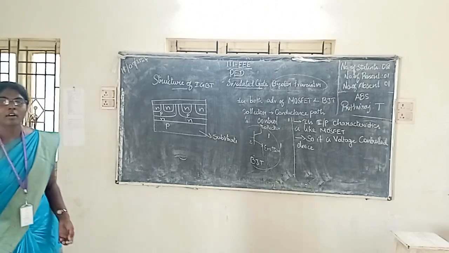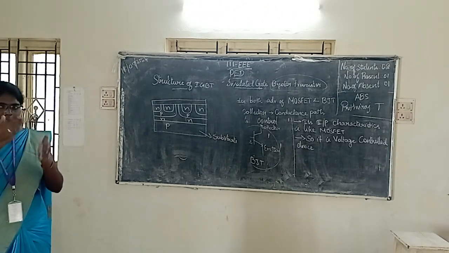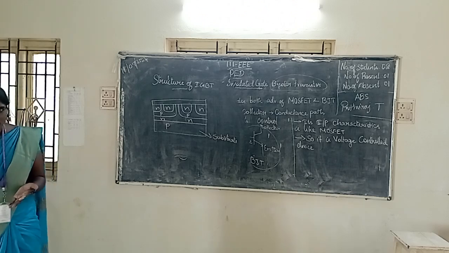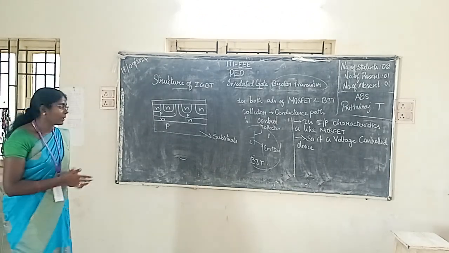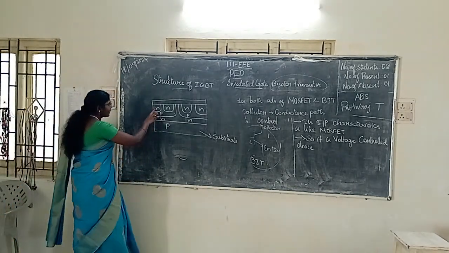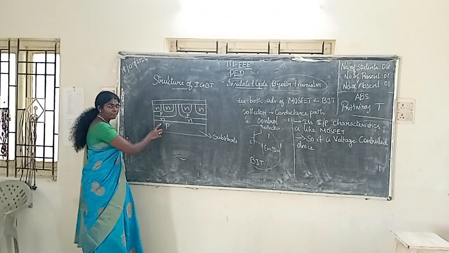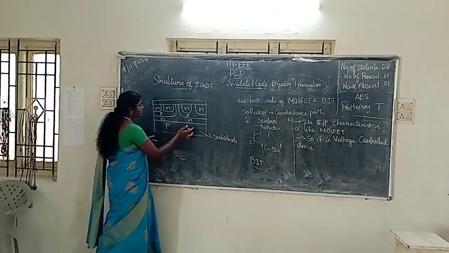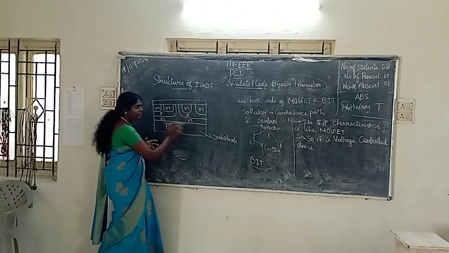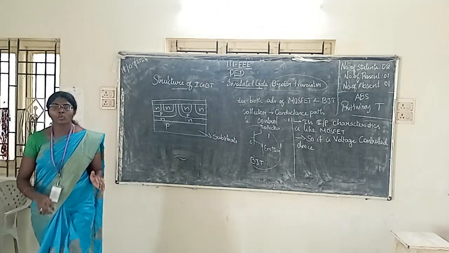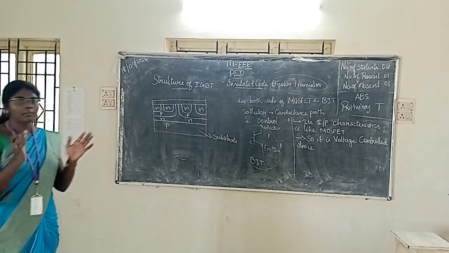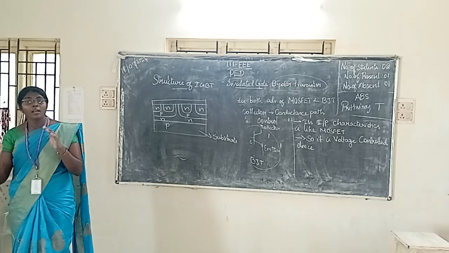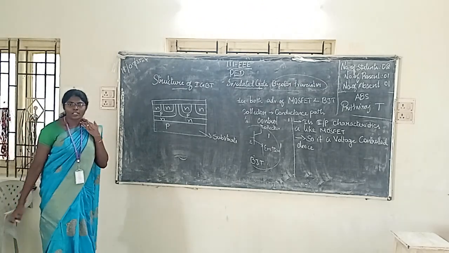We have to include these two in the form of NPN or PNP. Okay. So if you see, NPNP. Likewise here, NPNP. This is the way to diffuse the MOSFET as well as the BJT to form the IGBT.